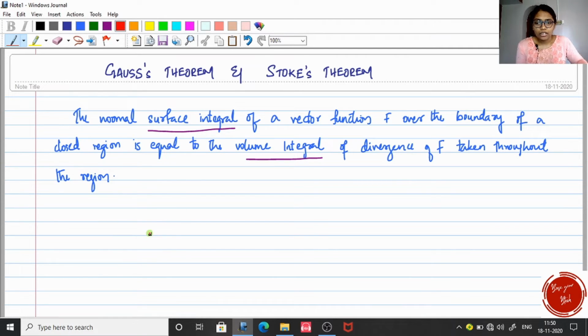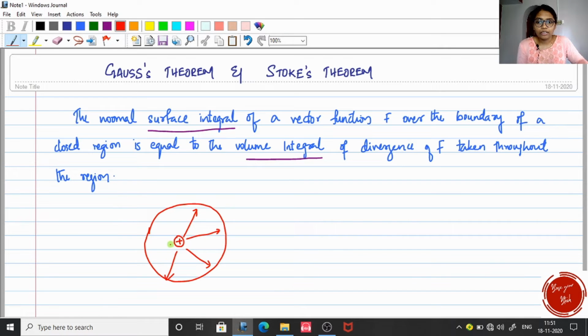I take a closed region. Let it be a sphere. And if some quantity is there, like an electric flux or electric charge, somewhat not at the center or somewhat nearby to the center, definitely this electric charge, since it is a positive charge, starts to expel out its flux.